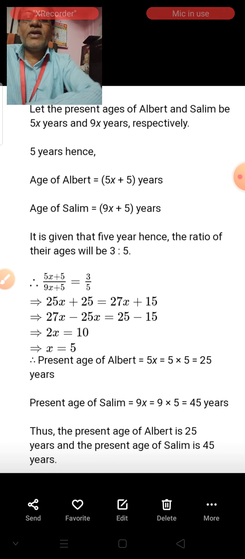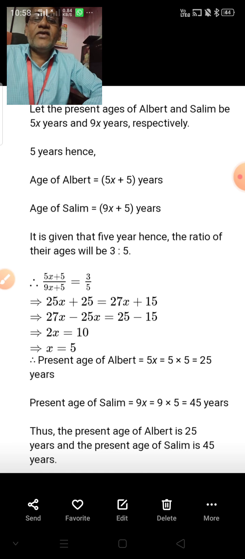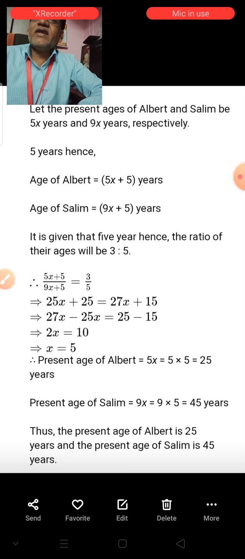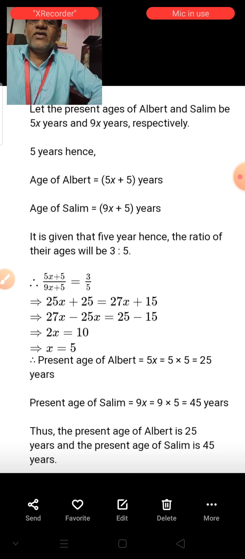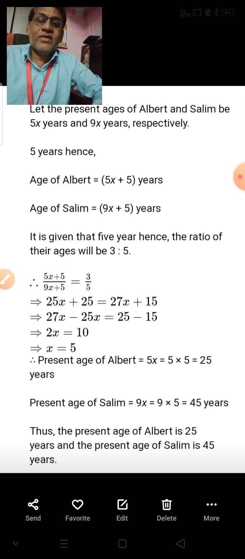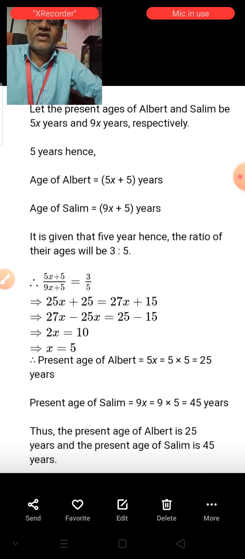Let the present ages of Albert and Salim be 5x and 9x respectively. So 5 years hence means after 5 years. The age of Albert is 5x plus 5 and the age of Salim is 9x plus 5. The ratio of these two is given already, that is 3:5.